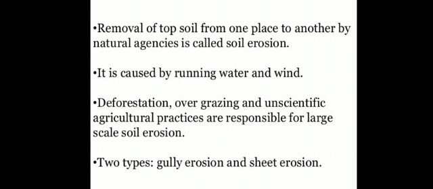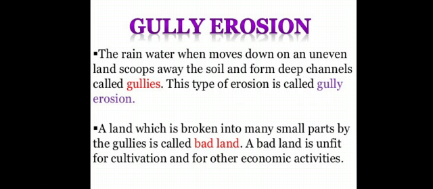Children, come to the types of soil erosion. There are mainly 2 types of soil erosion. First is gully erosion and second is sheet erosion. What is gully erosion? Children, when rainwater moves down on uneven land, it scoops away the soil and forms deep channels called gullies.